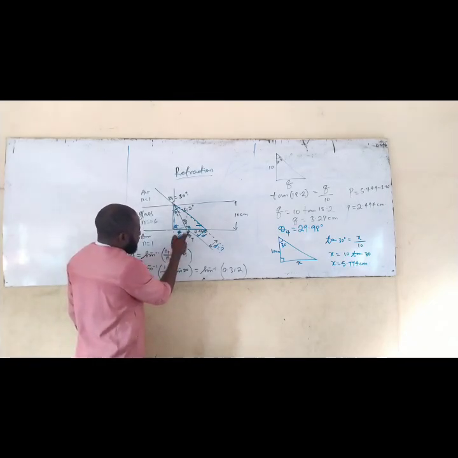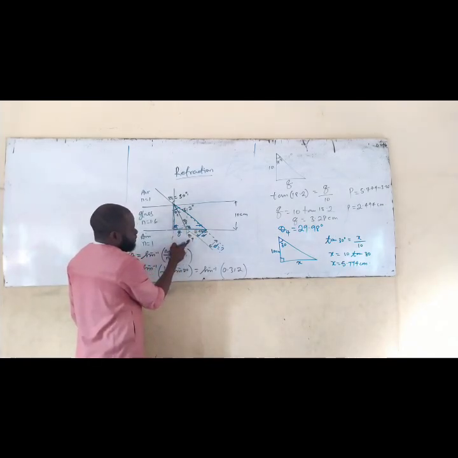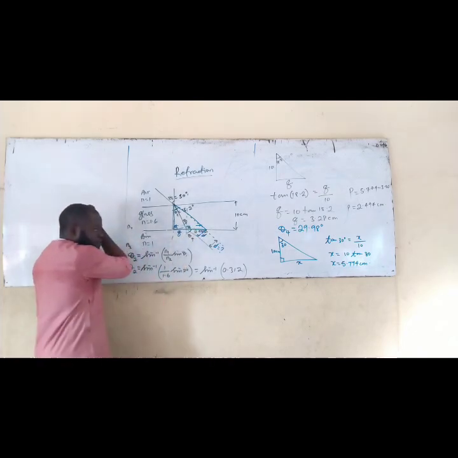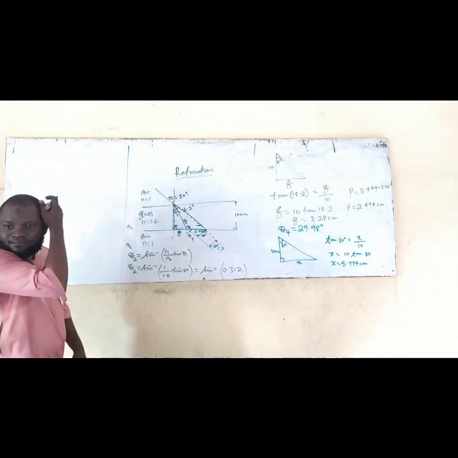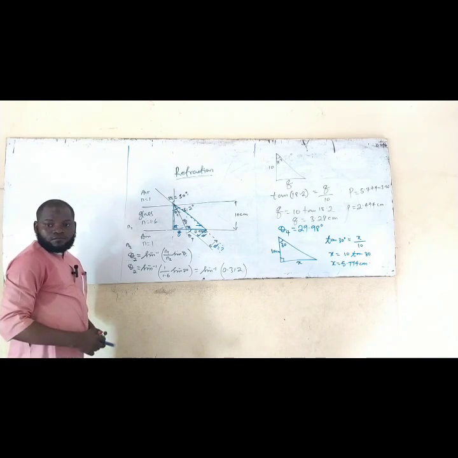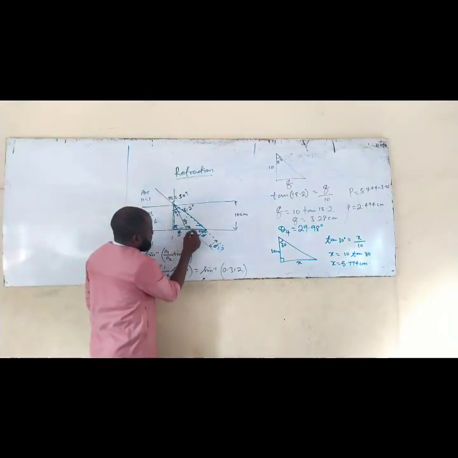So the angle here is theta 4. From here to this place is 90 degrees, isn't it? What is our theta 4? 29.98. Please subtract that from 90. 60.02. So that means this place is 60.02.